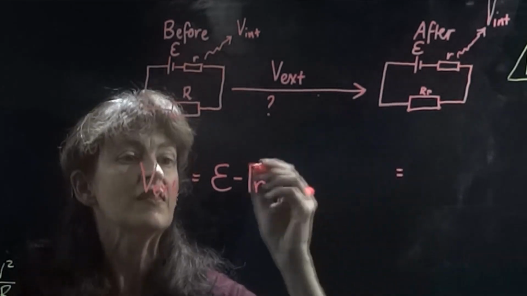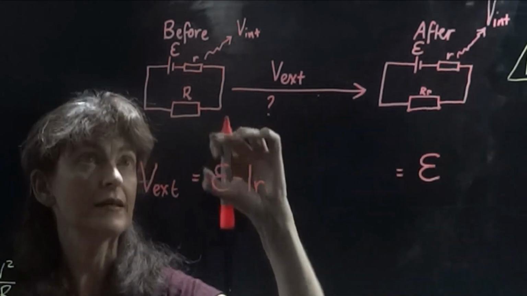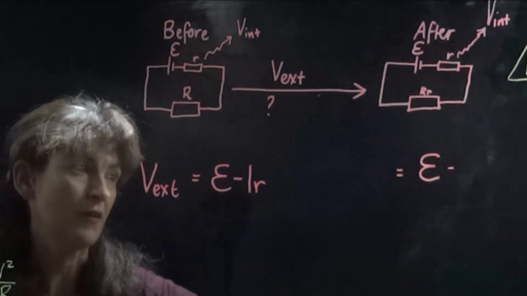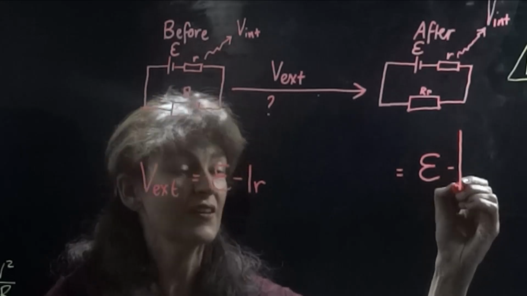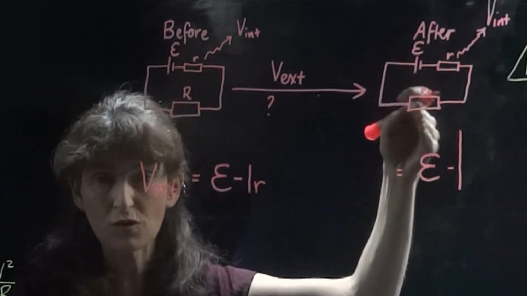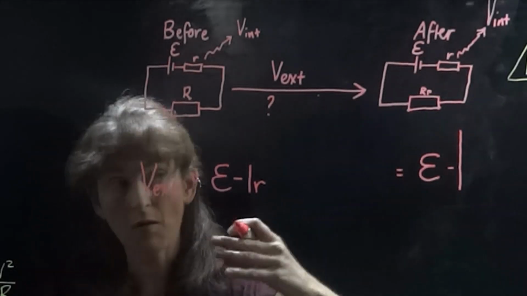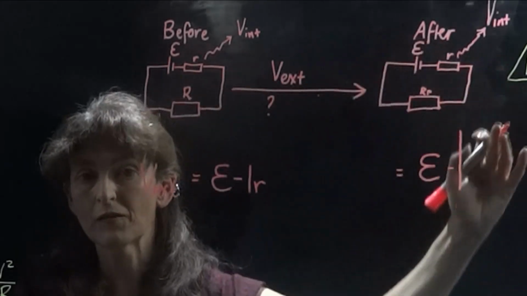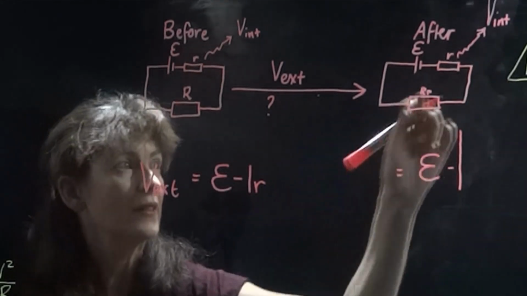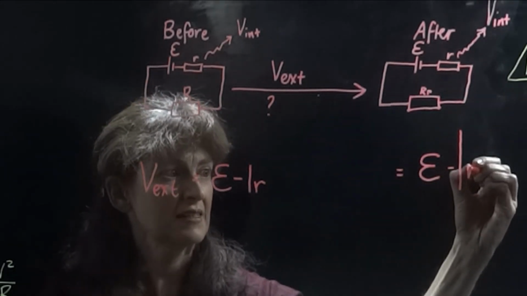Here, the EMF is the same value as there. I is not the same value. We are told that here the current is greater. That makes sense because we've decreased the external circuit's resistance by giving more paths, and so the current can flow more easily. So the current strength here is greater than there. But the battery's internal resistance is the same.